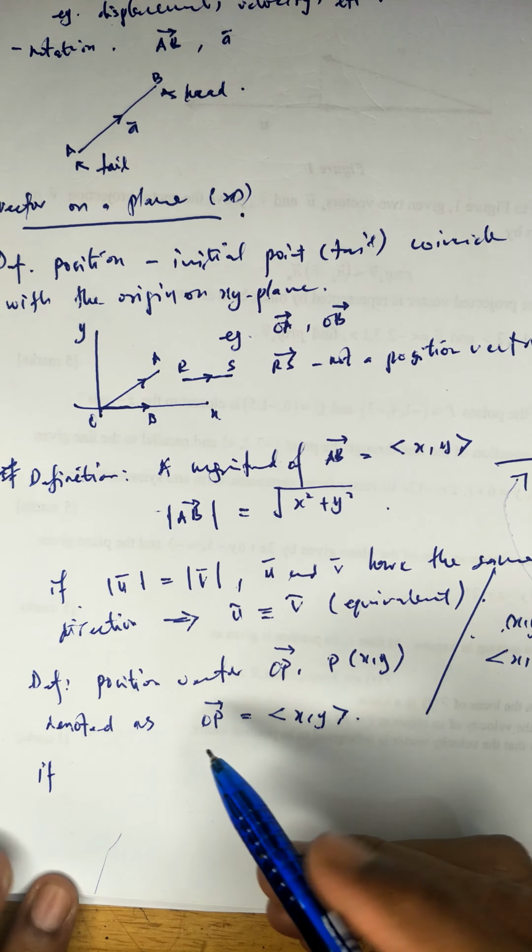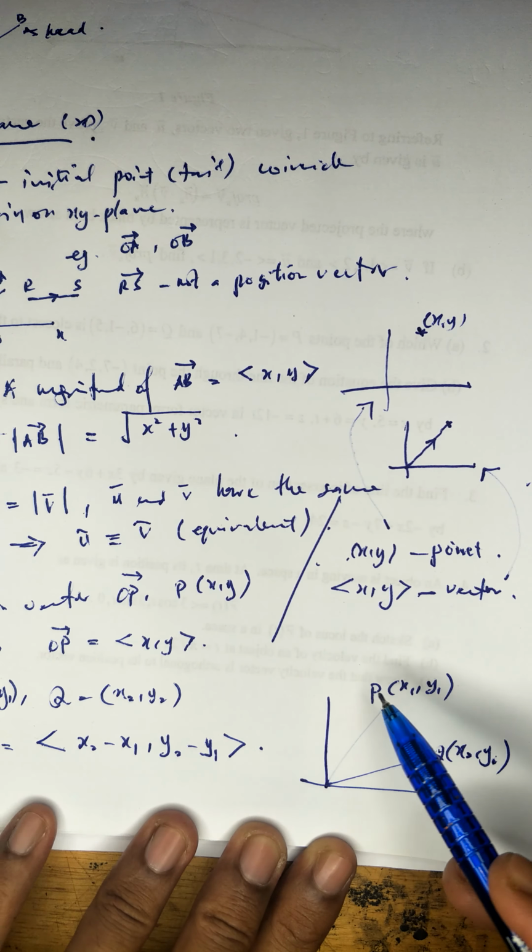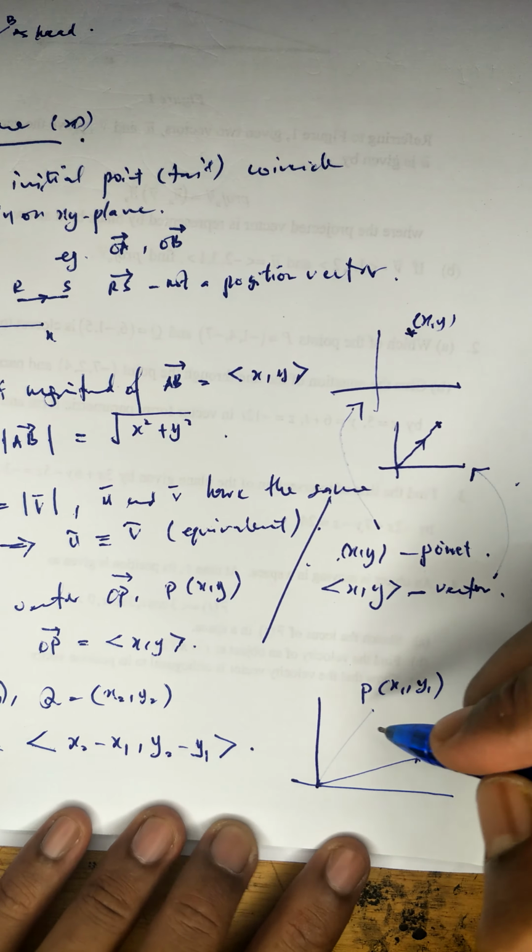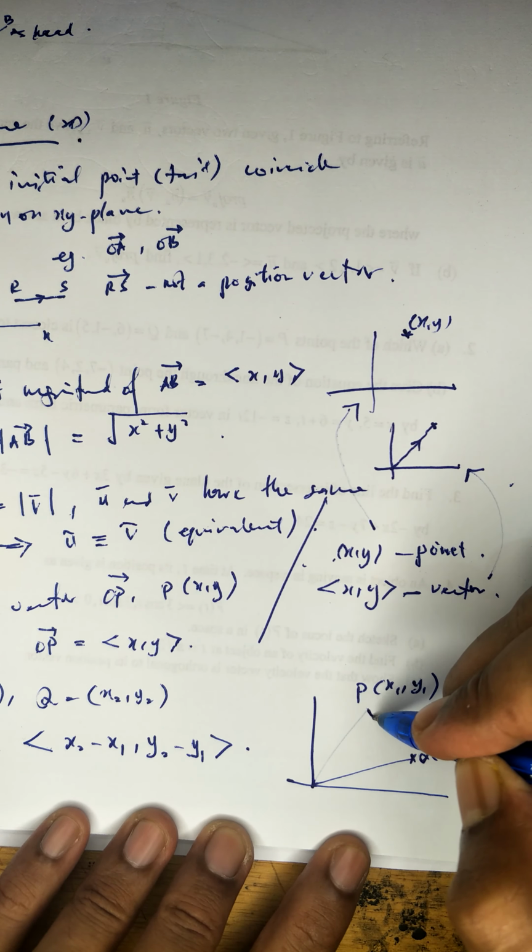If you sketch this on the XY plane, this is our P, (x1, y1), and this is our Q, (x2, y2). So the vector PQ is given as this. This is vector OP here, and this is OQ. So there is the vector PQ.